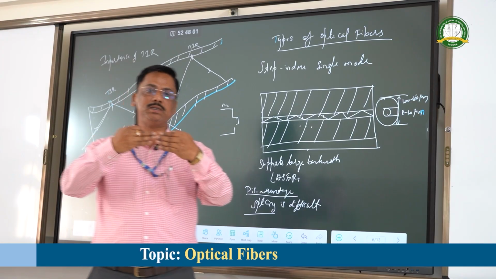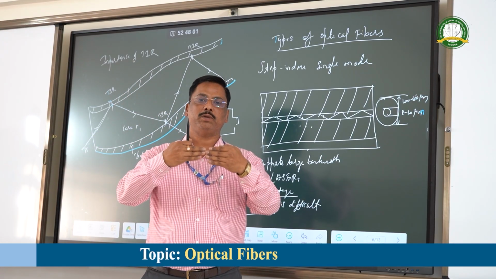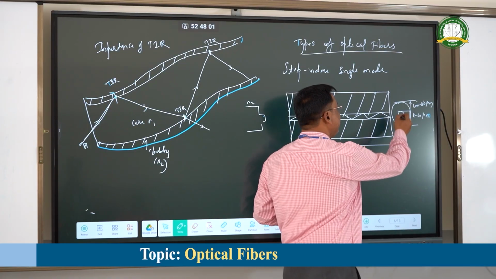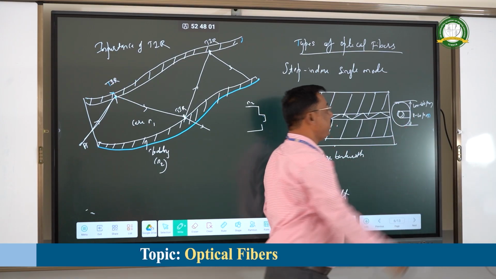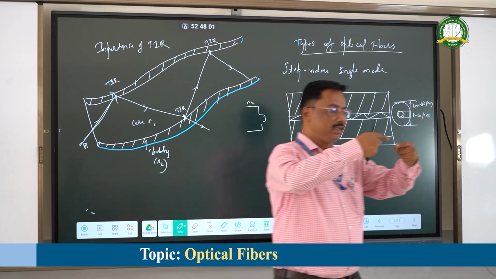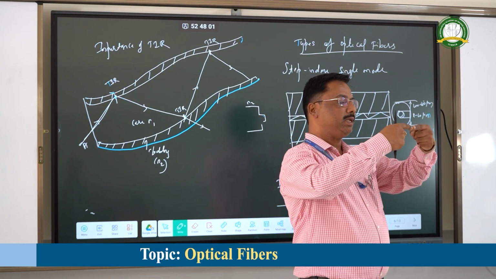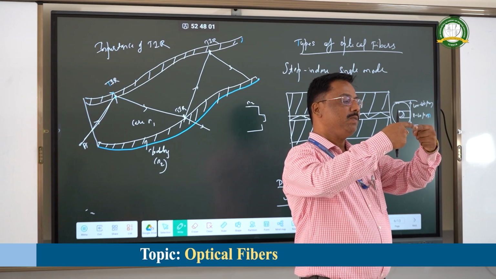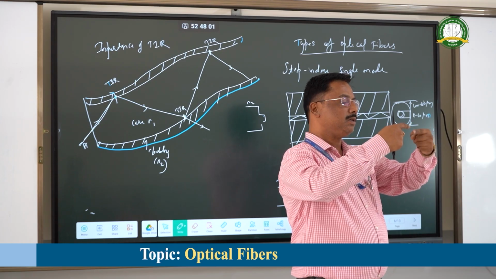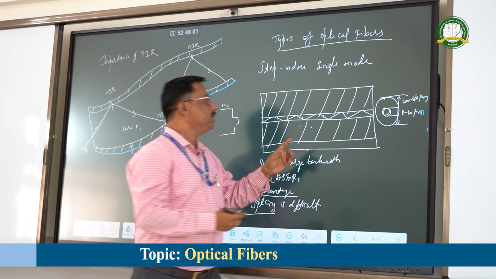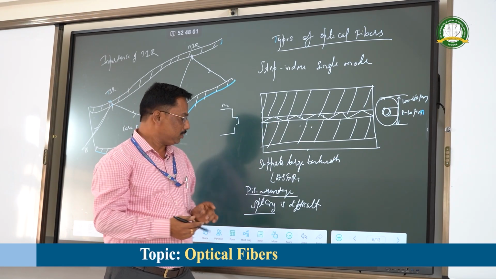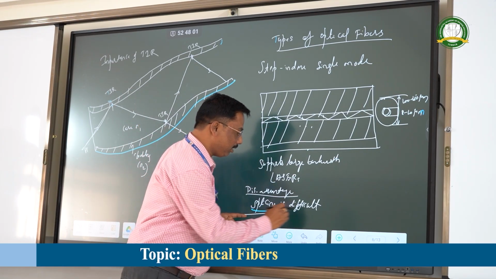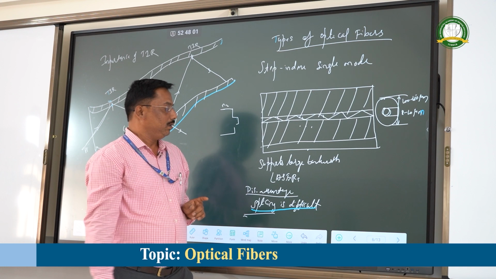Very skillful persons are required to join two optical fibers because the core diameter is very small, around 8 to 10 micrometer. If any small misalignment or gap takes place between the two optical fibers, what happens? Loss of signal will take place. That's why splicing is a little bit difficult.